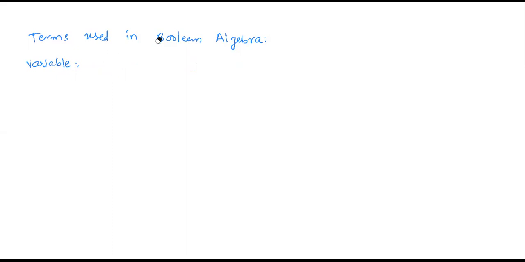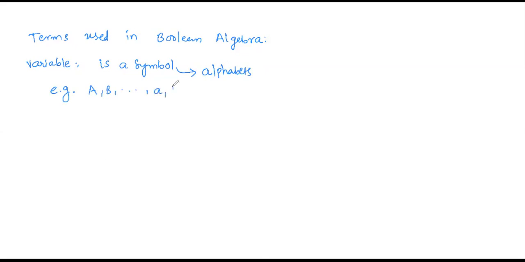Generally, a variable is nothing but a symbol. We represent variables with alphabets. We can use small alphabets as well as capital alphabets. Example, variables are A, B, and so on.